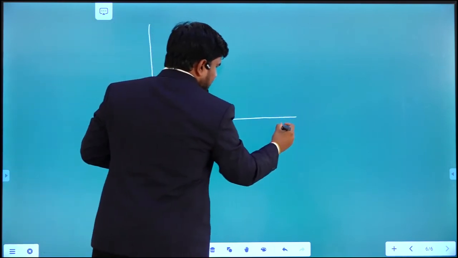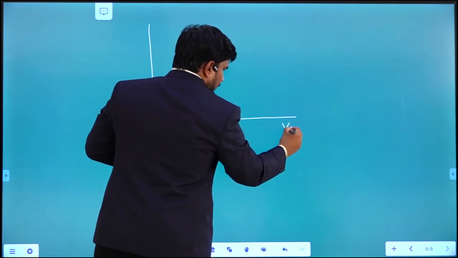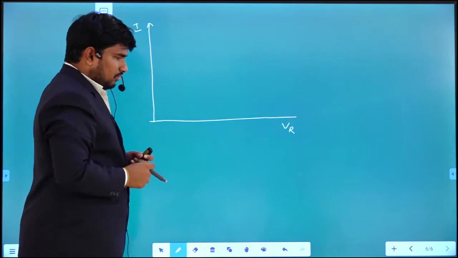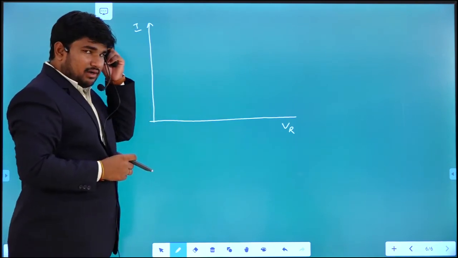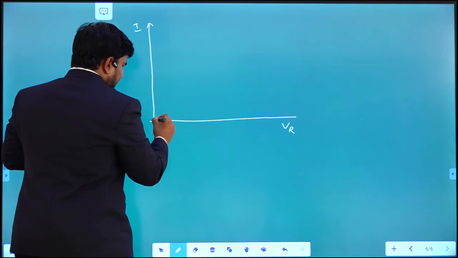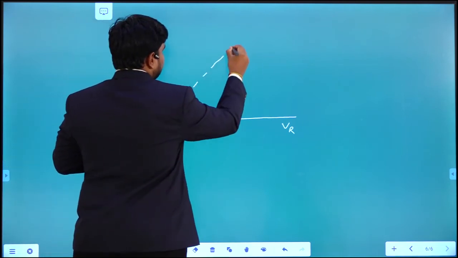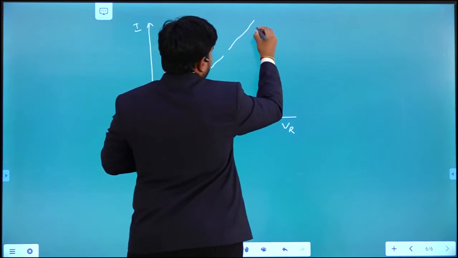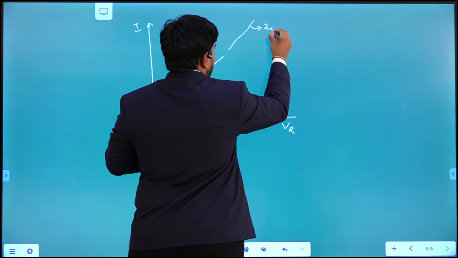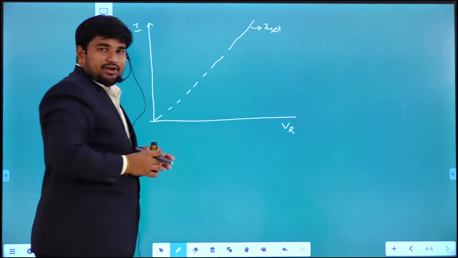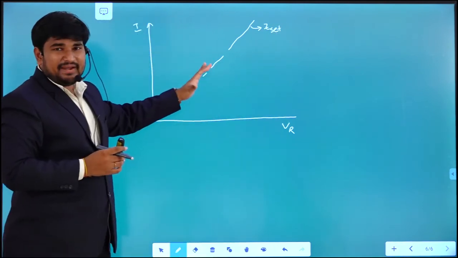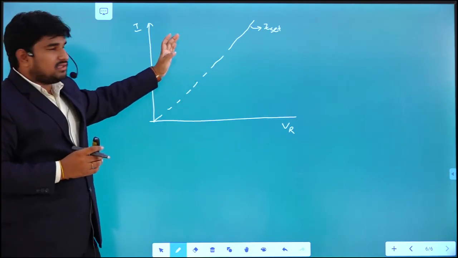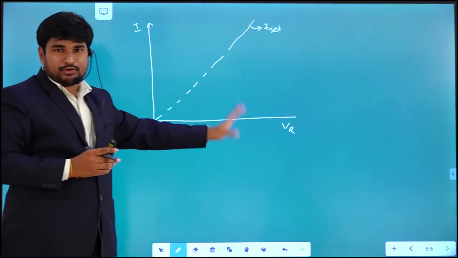For example, I have taken this graph, which is voltage and current. For a given set value, it is Z set. This is the value of Z set. Whenever the impedance measured is below this Z set, then only it will produce a trip signal; above this value, it will not produce.